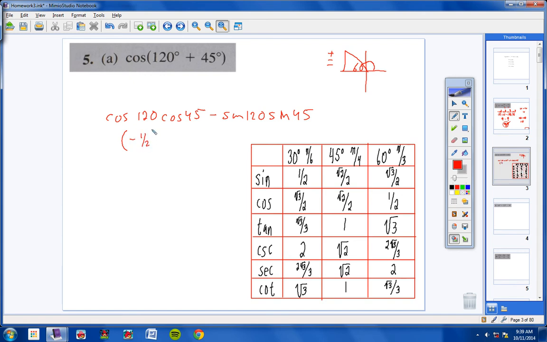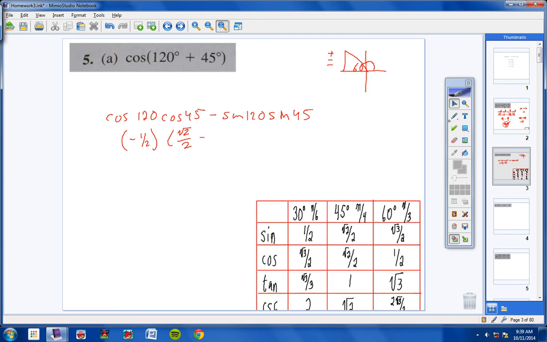And then cosine of 45 will be square root of 2 over 2, minus sine of 120 would be the sine of 60, and sine is positive, so sine of 60 is square root of 3 over 2.